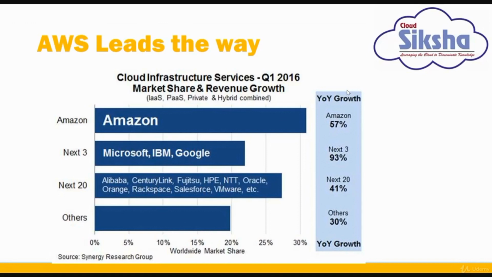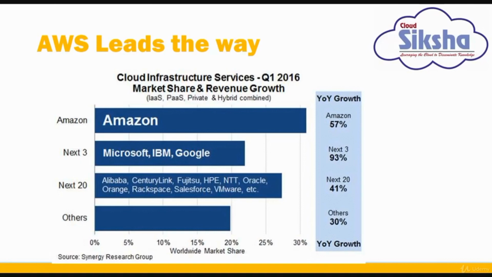The competition, which comprises Microsoft, IBM, and Google put together, do not reach the market share of Amazon. Here, you see that Microsoft, IBM, and Google probably have around 21-22% market share, whereas Amazon AWS is already in the 31% range. This is something which we expect when a company innovates so rapidly.